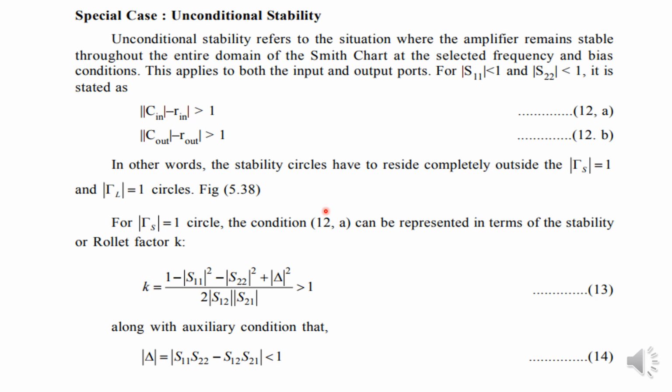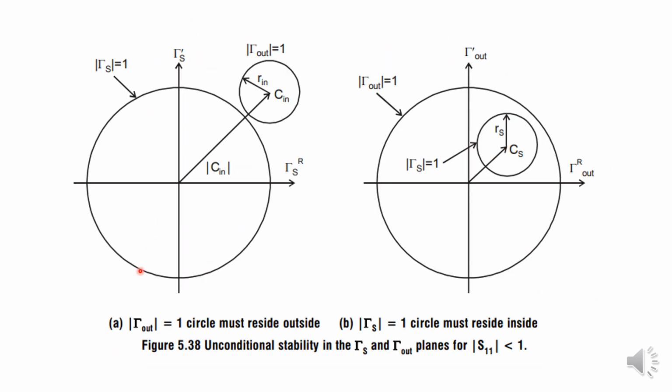It's a special case. By substituting those equations, we can find the Rollett factor, which is also called K, and with that we can find the auxiliary condition, and by using that auxiliary condition we can find the tau. The first diagram represents |tau out| equal to 1, which means the circle must reside outside.